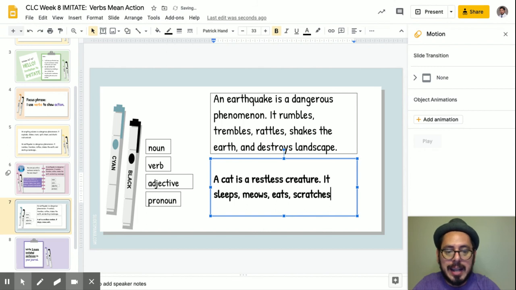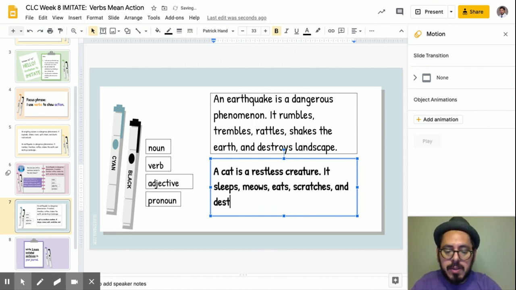My wife doesn't like that. And you know what? I think it has something in common with the earthquake. Destroys furniture. Boom. I did my sentence.